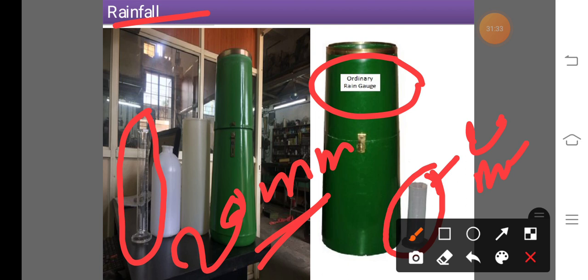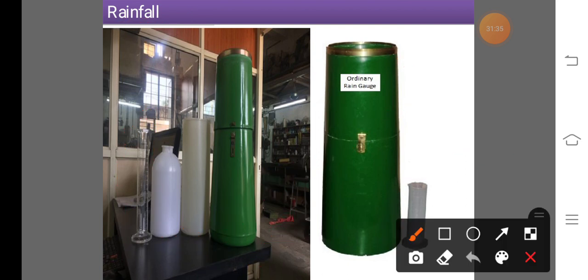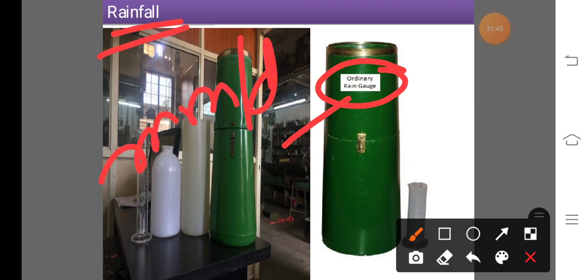So just keep in mind, this non-recording rain gauge or ordinary rain gauge is a manually operated rain gauge. It is used to record rainfall, and it is expressed in mm per day. That means how much rainfall is received in 24 hours.